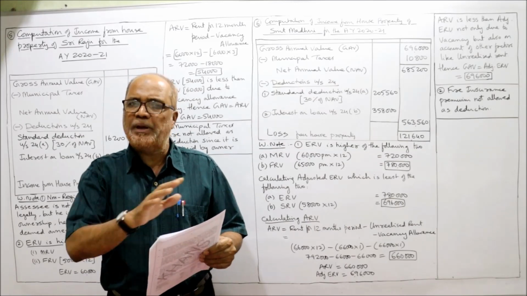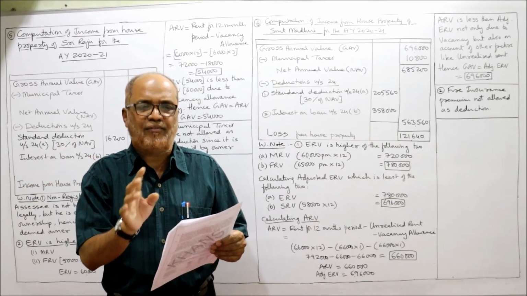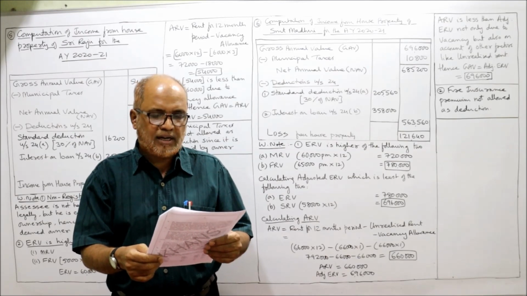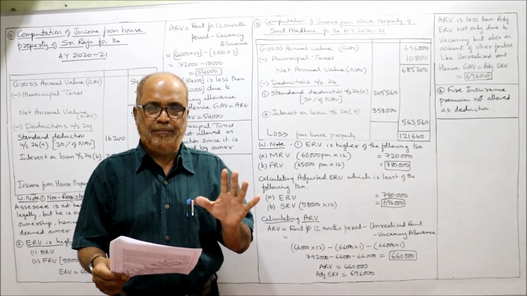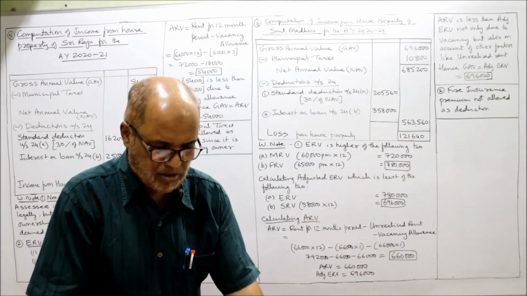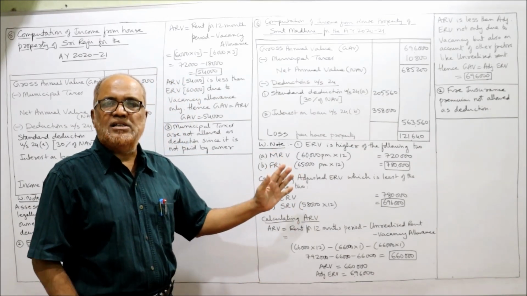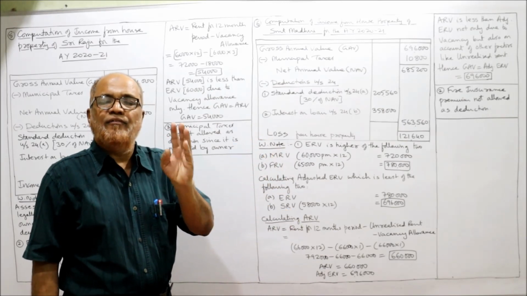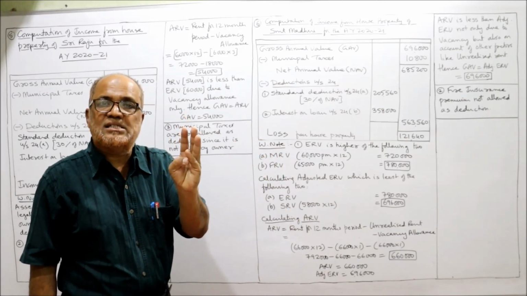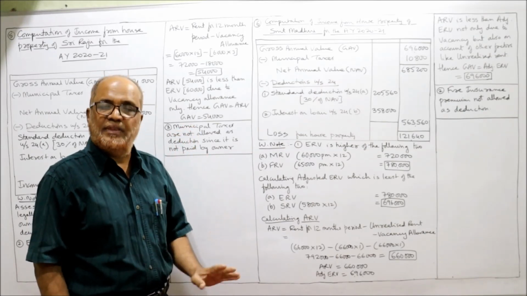Then fire insurance premium, ignore, no deduction will be given for it. Interest on loan taken to repair the house will be allowed as deduction under section 24B, 3,58,000. That's all. So the new points are, first, the house is governed by Rent Control Act, and secondly, vacancy allowance and unrealized rent are both given.